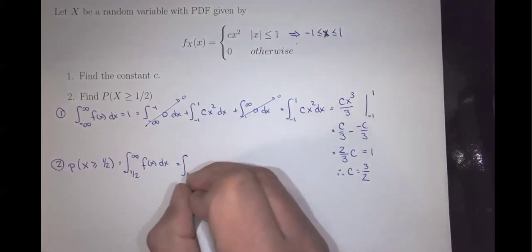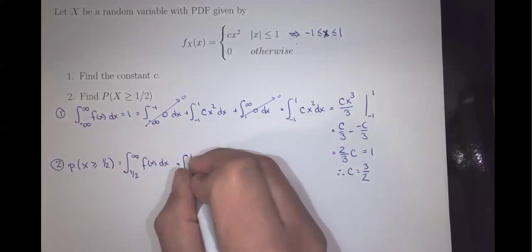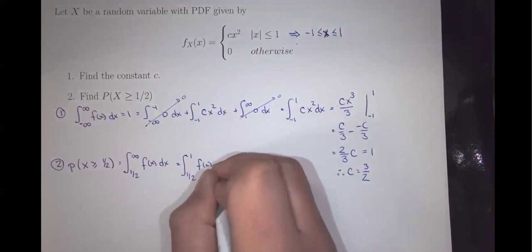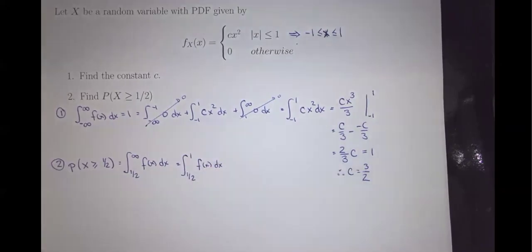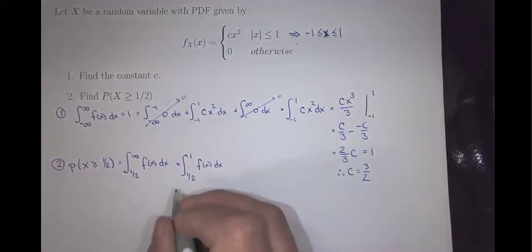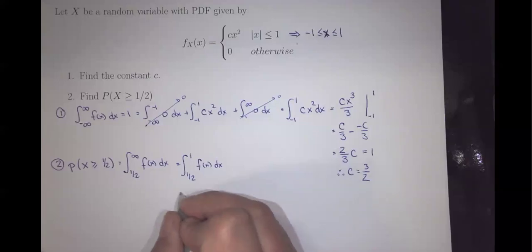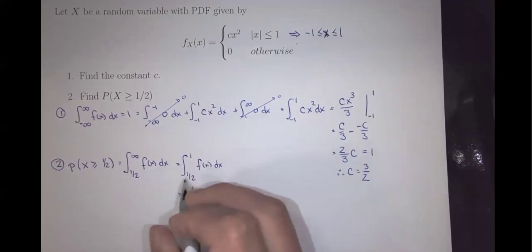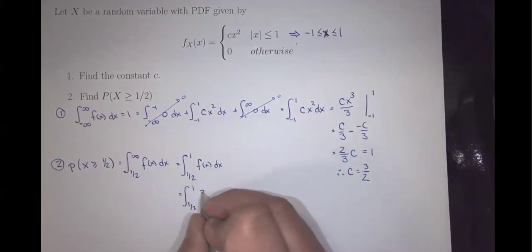So this is going to be the integral from 1/2 to 1 of f of x dx, plus, of course, the 0. And this integral then is the integral from 1/2 to 1 of cx squared, and c is 3/2.